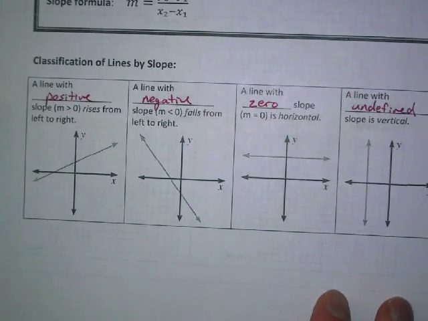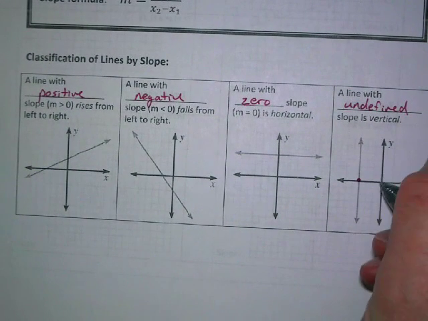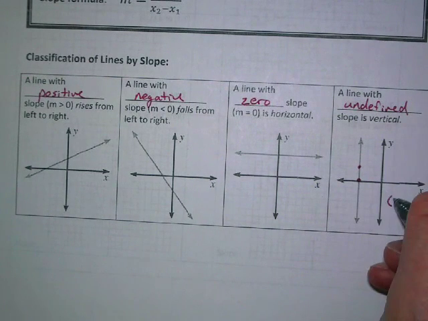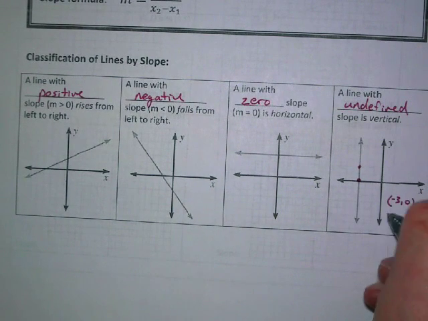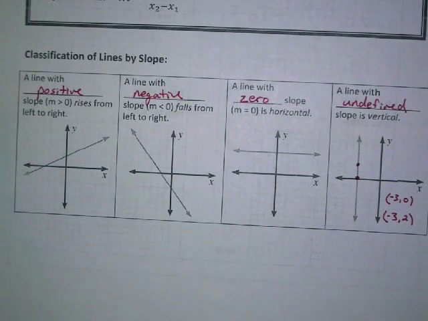And let's talk about why. Okay, so if I were to pick out 2 points here, that point and I'll say that point. This point is at negative 3, 0, and this point is at negative 3, 2.